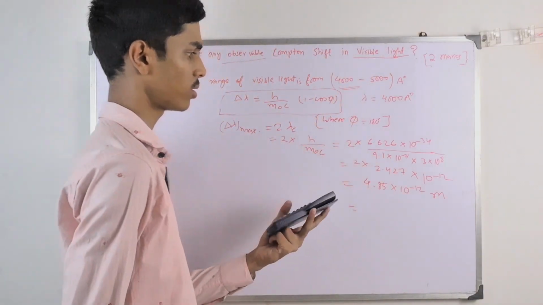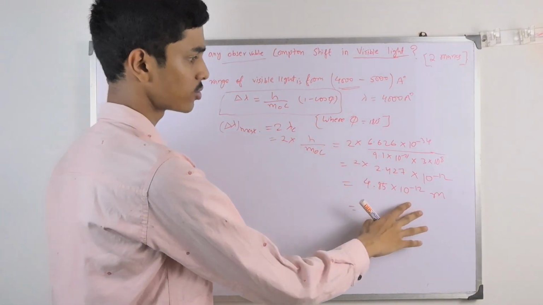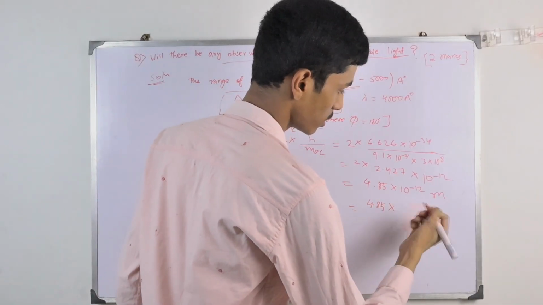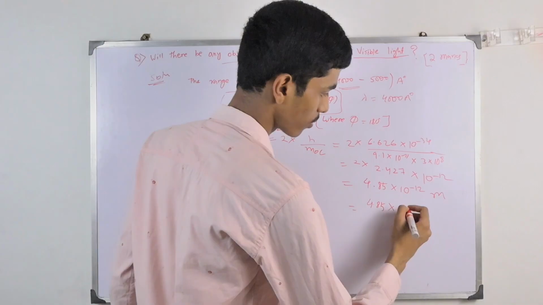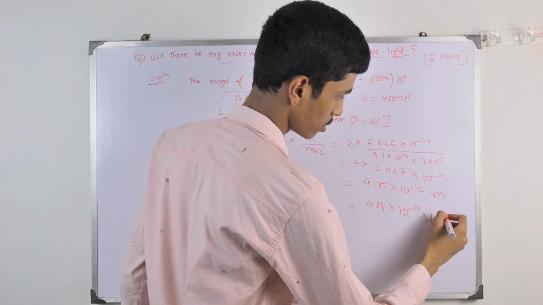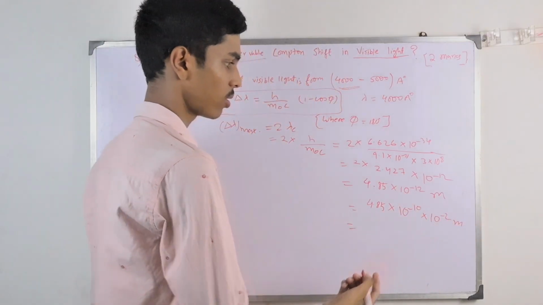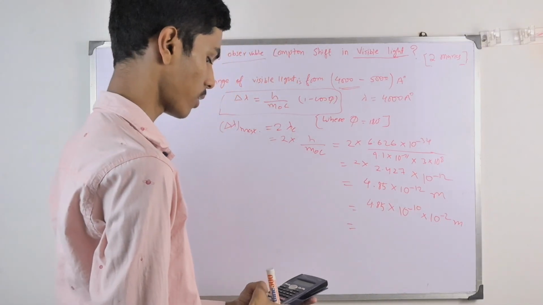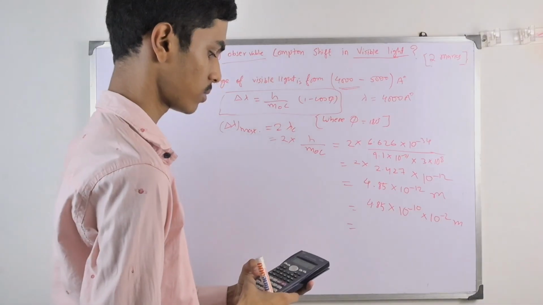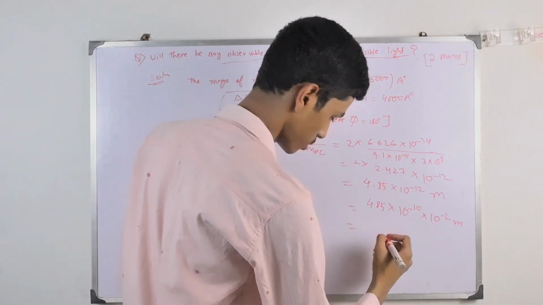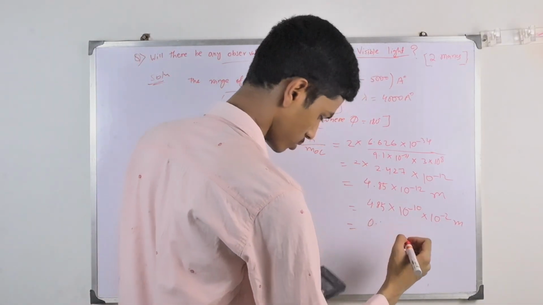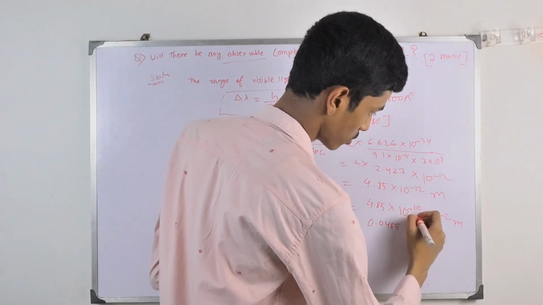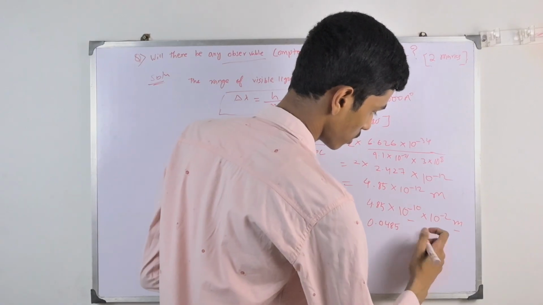We want this to be in Angstrom. We know that 1 Angstrom is equal to 10 to the power minus 10 meter. So it can be written like this, and we will have 0.0485 into 10 to the power minus 10 meter, which is nothing but 1 Angstrom.